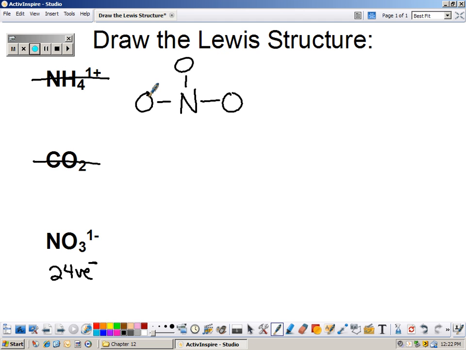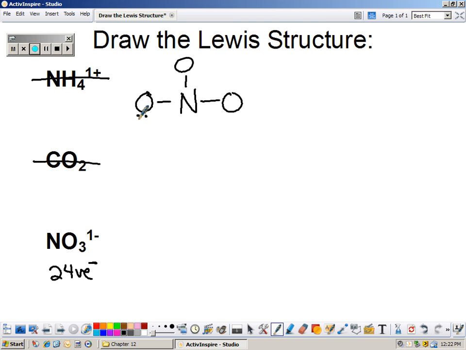Okay, so now remember, each covalent bond, each line represents 2 electrons, 2 shared electrons. We have three covalent bonds, so that's going to account for 6 of our valence electrons. So 2, 4, 6. Now we have to use up the other 18. All right, so I'm just going to start filling in lone pairs.